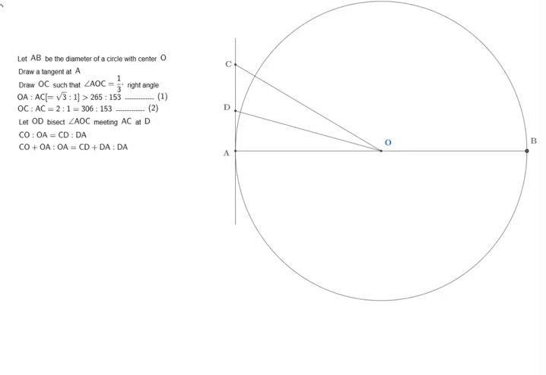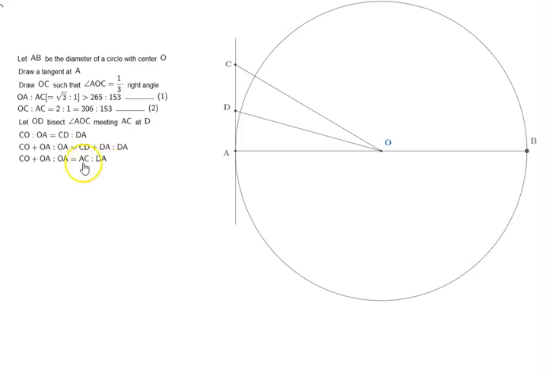Now on this we carry out componendo. So CO plus OA is to OA is equal to CD plus DA is to DA. Now CD plus DA is nothing but AC. So we can write this as CO plus OA is to OA is equal to AC is to DA.